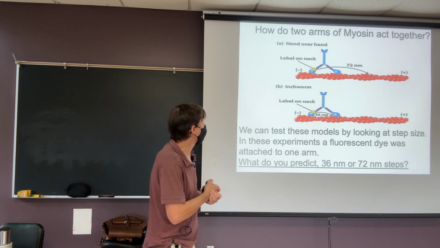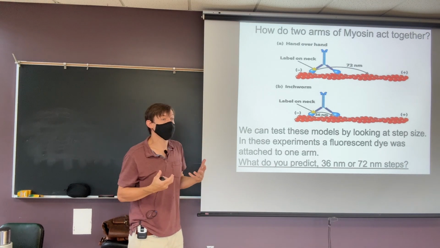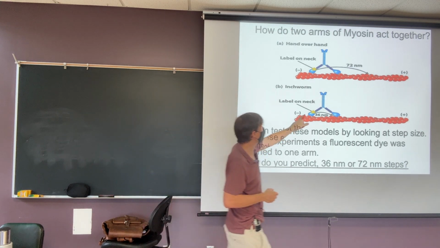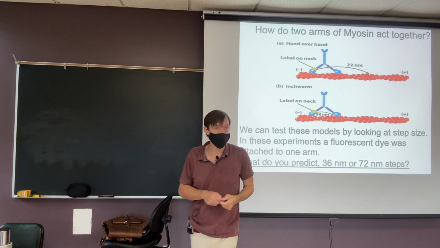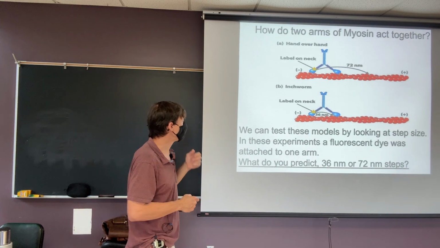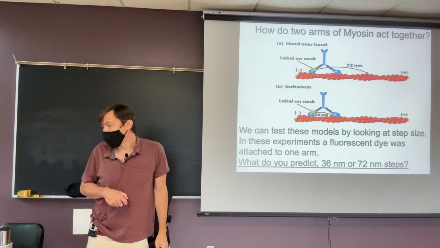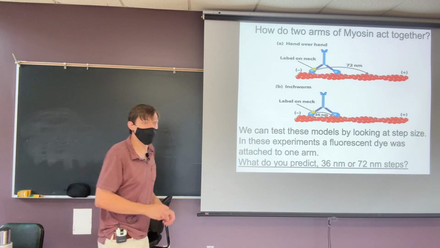Okay, so how do these two arms of the myosin act together? And this is where we get to step size and these ideas of labeling parts of the molecule and seeing how they move, questions that we had at the beginning. So there's a couple of different models that are used to talk about myosin step size.